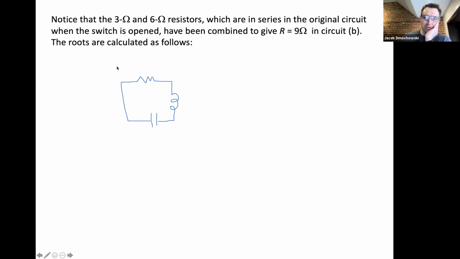And we're going to write the KVL around this loop at time 0. So this is my R, this is my L, and this is my C. So we have V of R plus, let's say L, and let's just call it, right, and we're evaluating this at time equals 0.